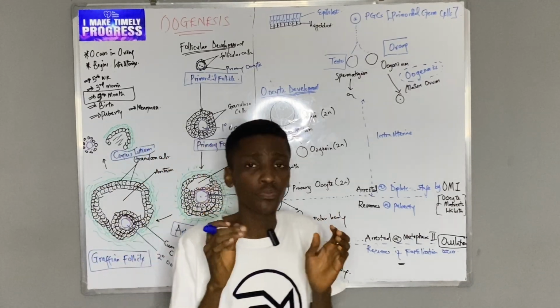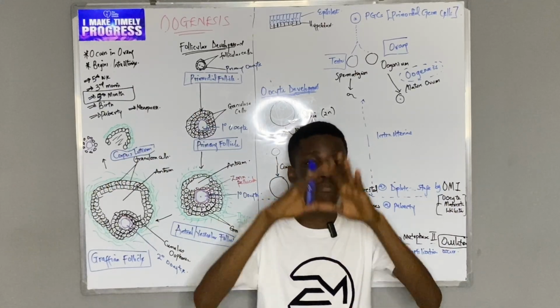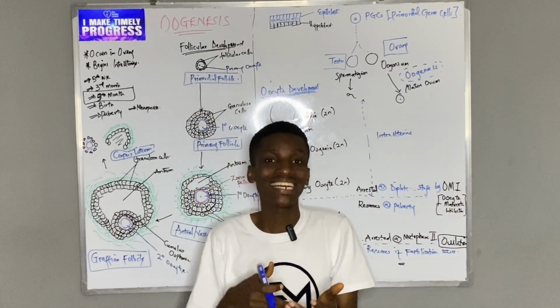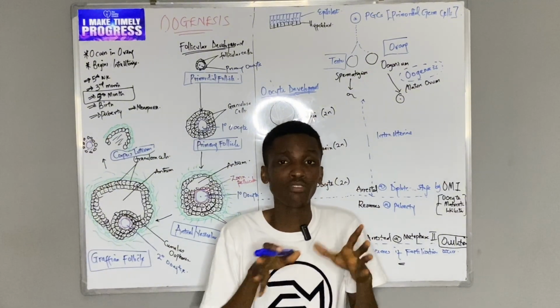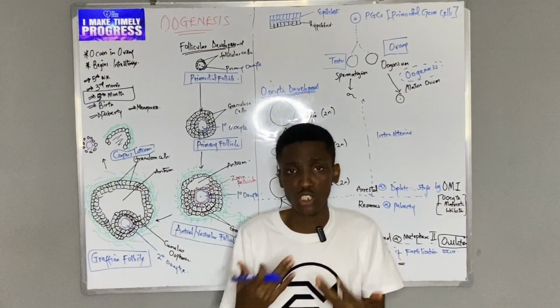The ovary has an outer cortex lined by epithelium and an inner medulla. What forms the inner medulla are stromal cells, which we can call connective tissue cells.